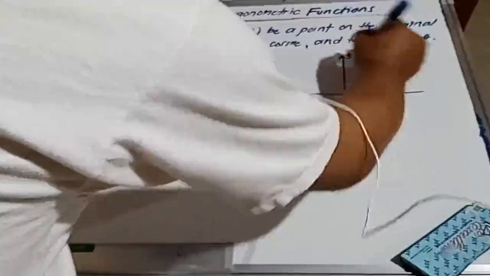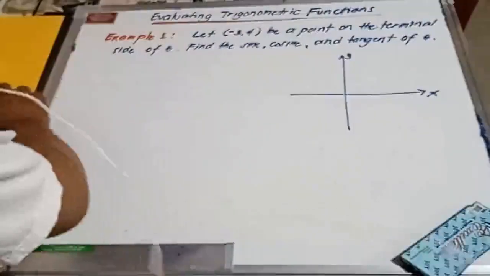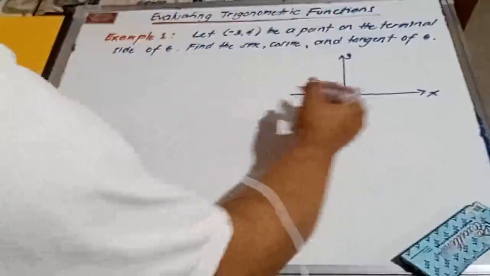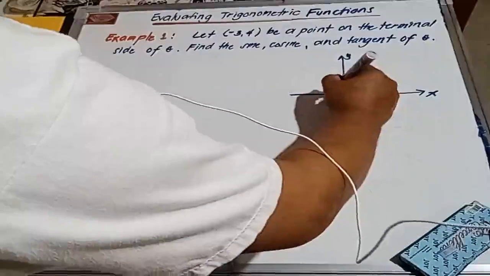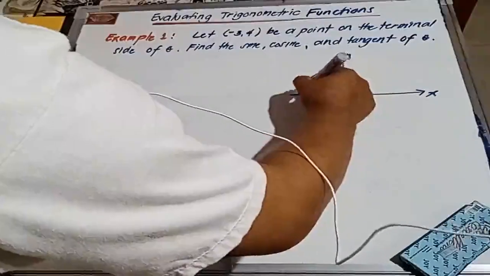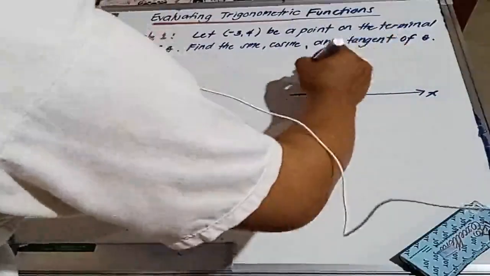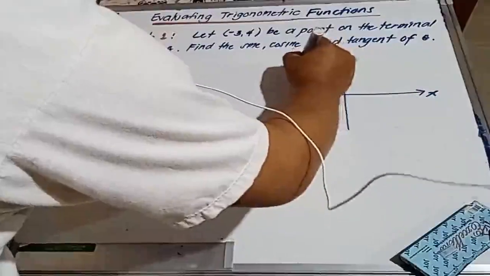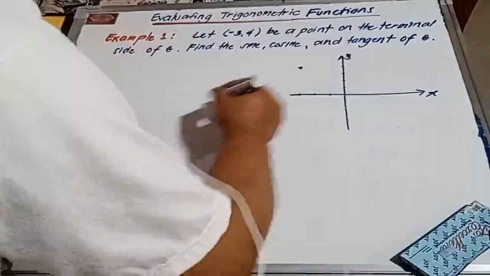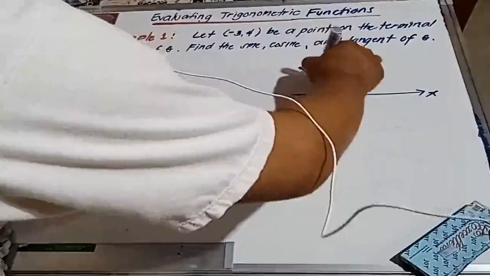Ito yung y-axis natin. Ito yung x. So, yung point natin is negative 3, 4. So, negative 3, horizontal distance, and positive 4 on top. So, naandito yung point. So, ito yung ating terminal side.